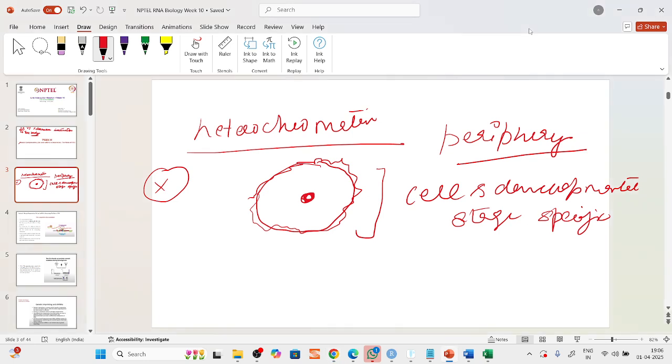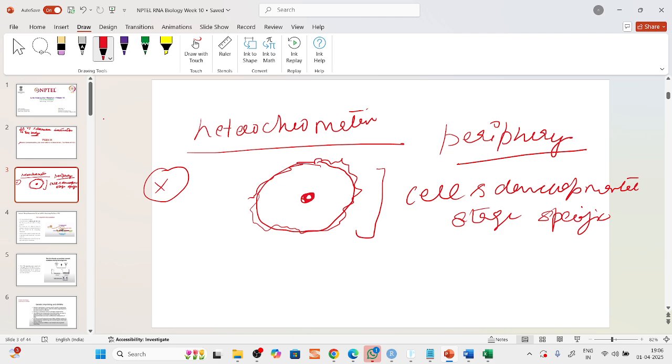So all the genes are present in all the parts of the body, but the expression is cell and developmental stage specific. That means that all the genes are present in the DNA, but which genes will be transcribed depends on its cell and its developmental stage.